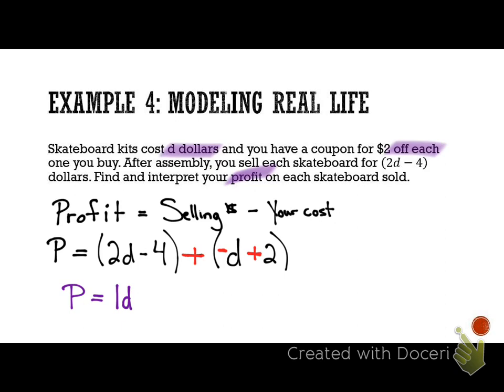Negative 2. Yes, negative 2. So your profit is the cost of the kit minus $2. Let's say the kit cost $100. Based on this formula, if the kit cost $100, you made $98. If the kit cost $200, then you made $198.